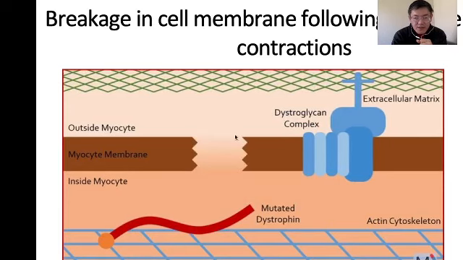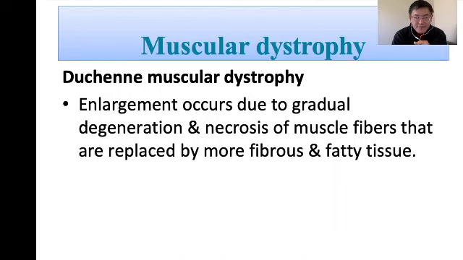When the muscle fiber contracts, the sarcolemma is broken. When the sarcolemma is broken, the myofiber dies because everything inside the cell is released to the extracellular space. Once the muscle fiber dies, it will be replaced by fibrous or fatty tissues.